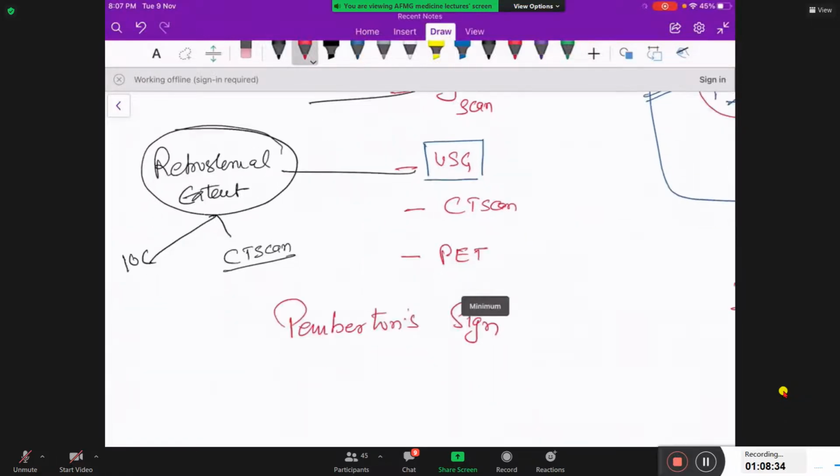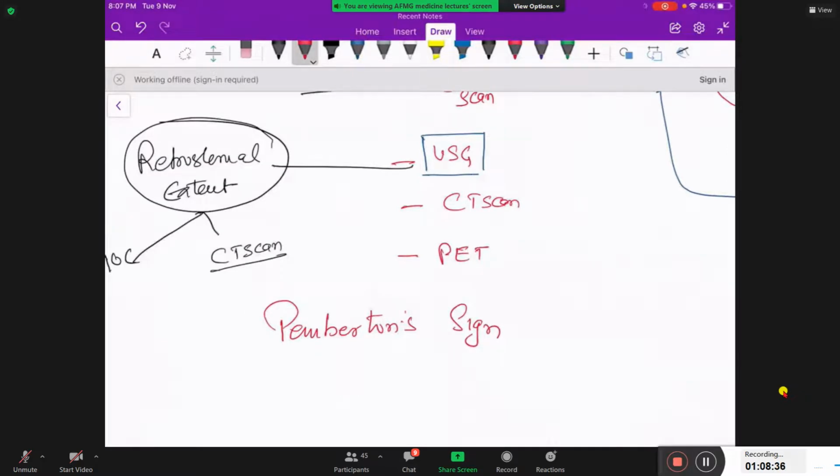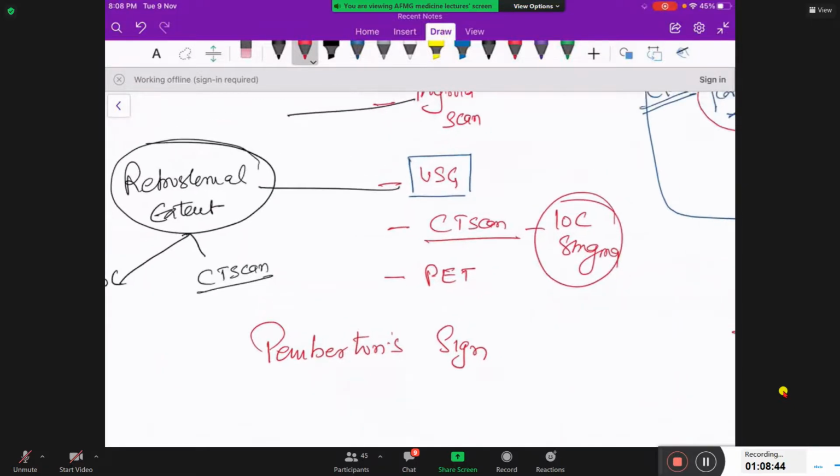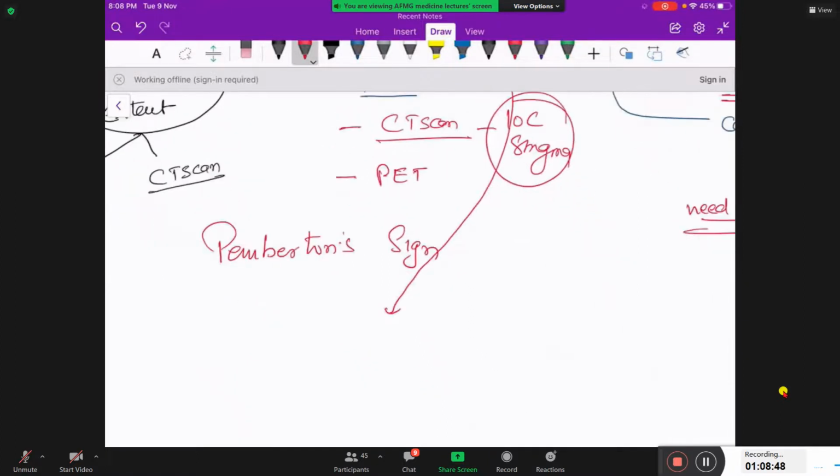Now, the investigation of choice for staging carcinoma thyroid is CT scan. Now, thyroid scan. Important point to note, earlier we were doing thyroid scan using iodine 123.